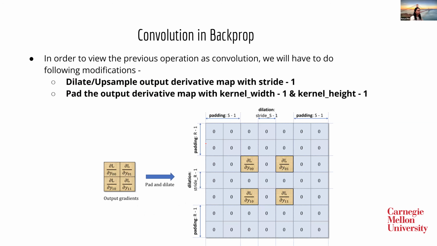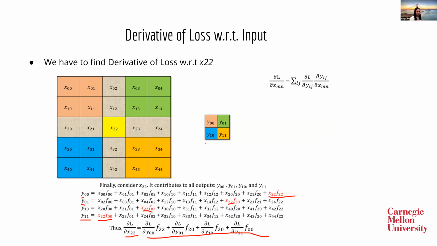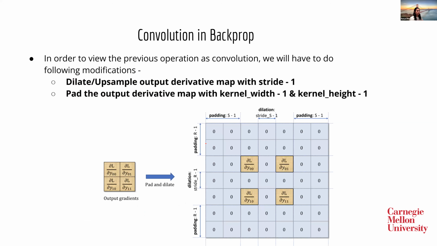And when we do the backward propagation, we also need to first dilate the affine gradient map, the affine derivative map, for the same reason I introduced before.